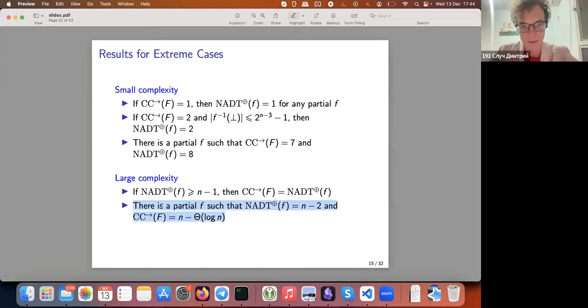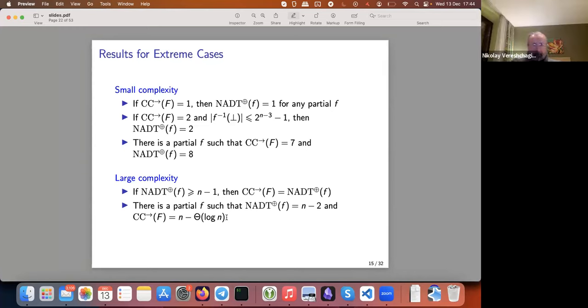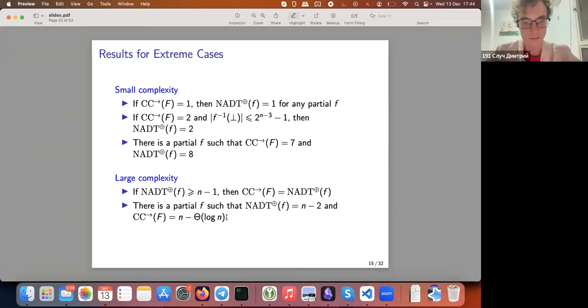For large computation complexity here, I think that's a small number of undefined points. Like it's n-2, so d must be near 0. And so here it's a small number of undefined points.